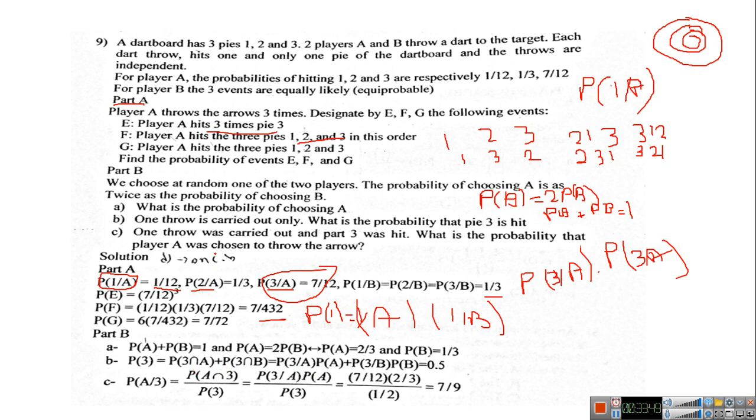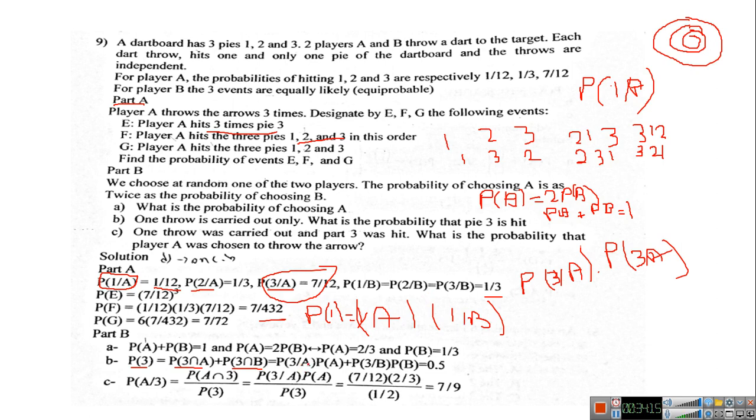Let us see. One throw was carried out and pi 3 was hit. What's the probability that player A was chosen to throw the arrow? Before that, I have part B. One throw is carried out only. What's the probability that pi 3 is hit? This pi 3 can be hit either from player A or from player B, as I told you, because A and B form a total probability.